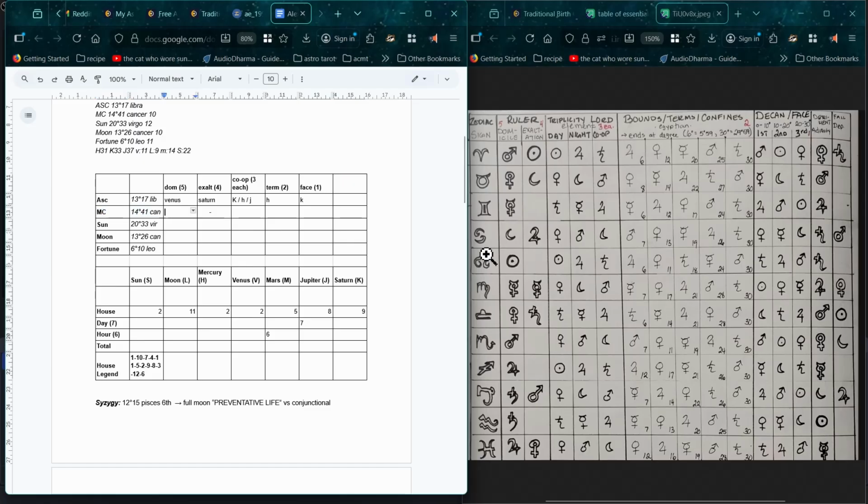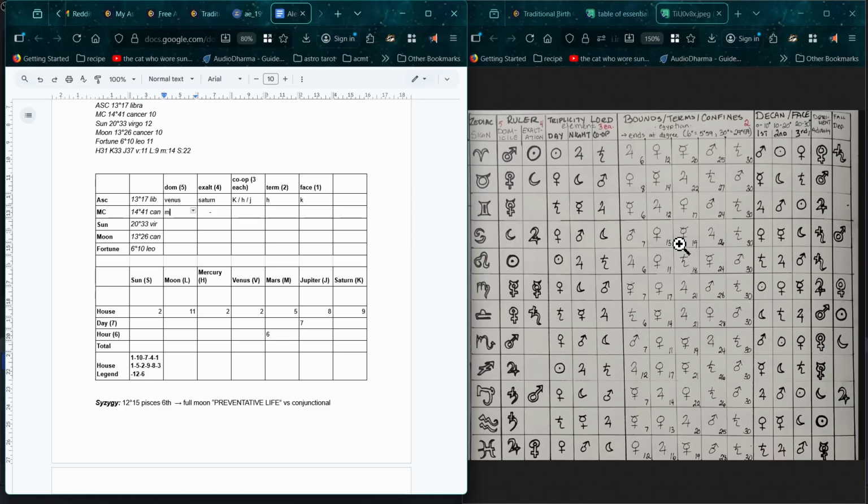Okay, and then our MC is in Cancer, so that's this line here. And 14°41' is after 13 but before 19, so it's another Mercury term, so that's neat.